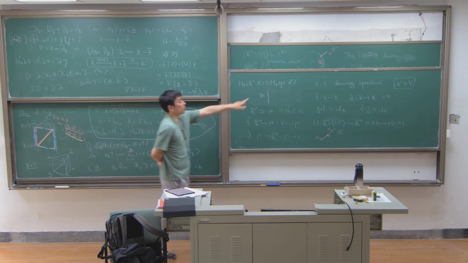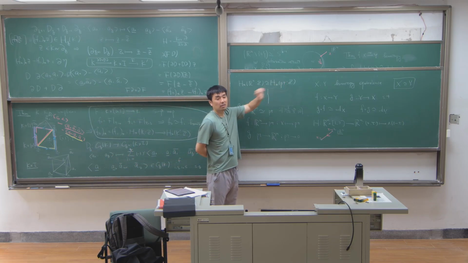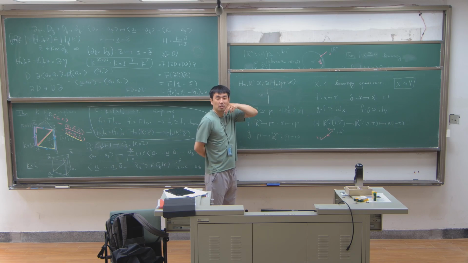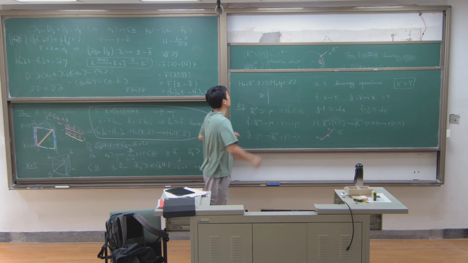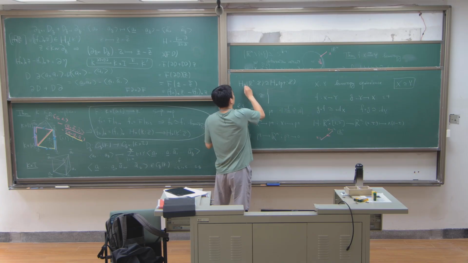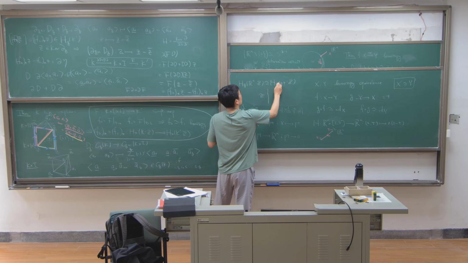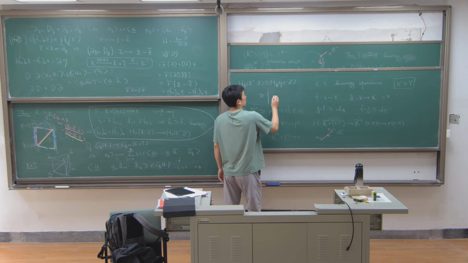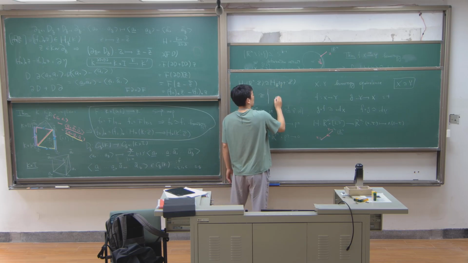What is the homology group of a point? It is isomorphic to C when q is equal to 0, but otherwise 0.